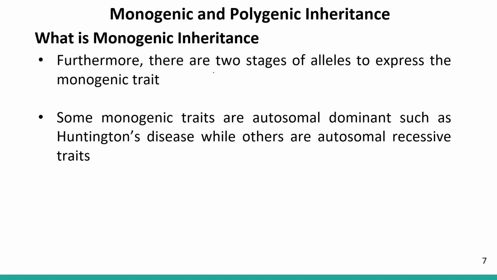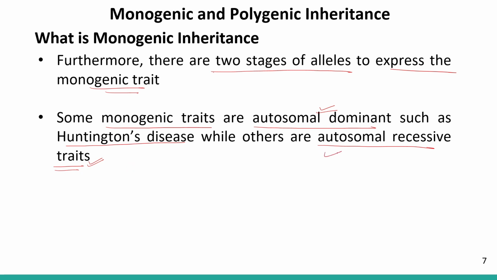Furthermore, there are two types of alleles expression for monogenic traits. Some monogenic traits are autosomal dominant, such as Huntington's disease, while others are autosomal recessive traits. They express only when both the alleles for a gene are recessive.